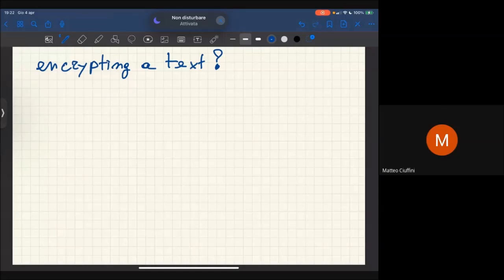I was saying, how to encrypt a text. You know that if you have a text, the text is a sequence of bits, right? And the text can be interpreted as a number.